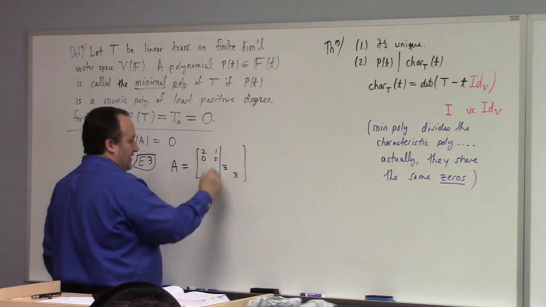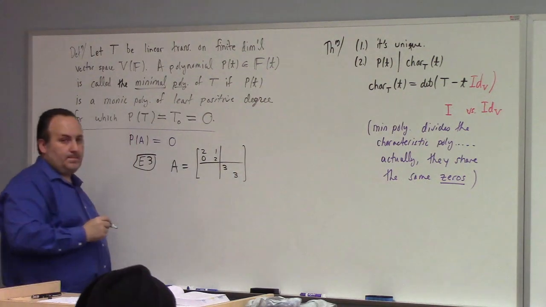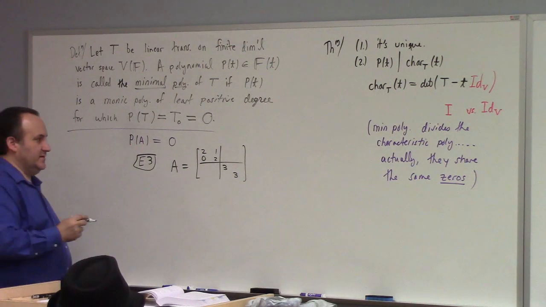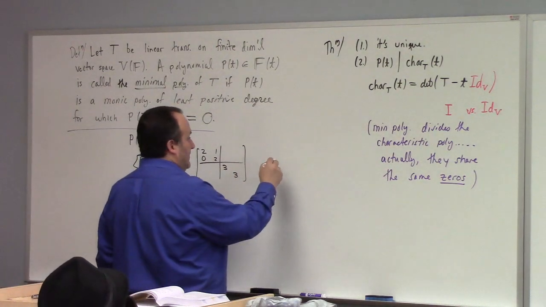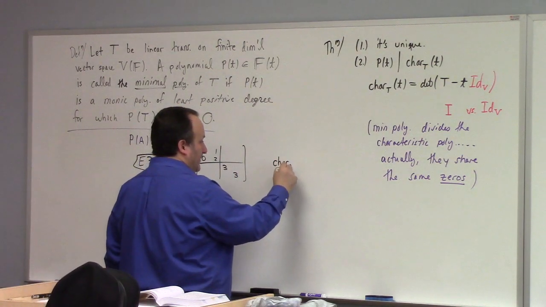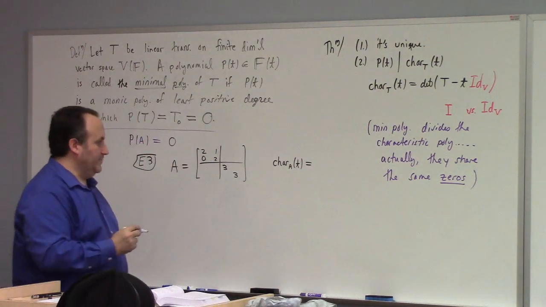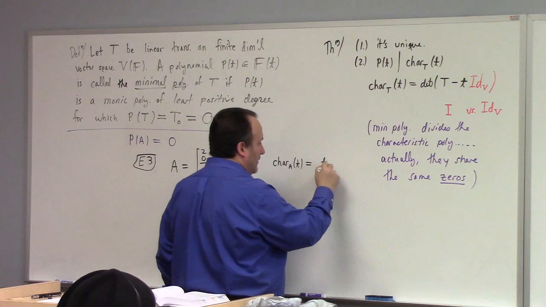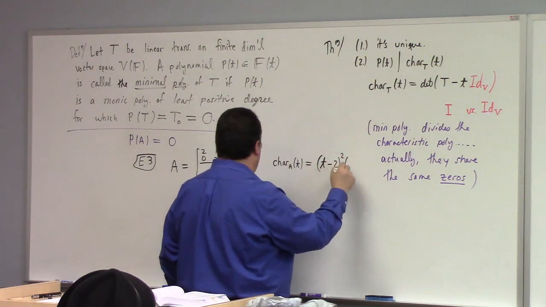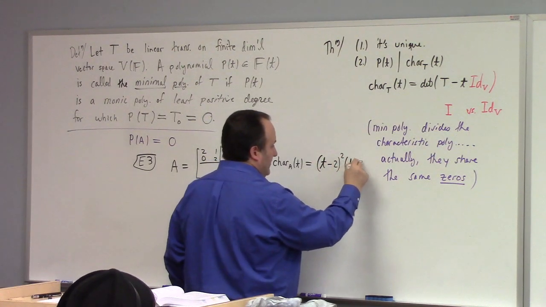This is not too simple, but not too bad. Everything else 0. So what is the characteristic polynomial here? We've got t minus 2 squared and t minus 3 squared, actually.